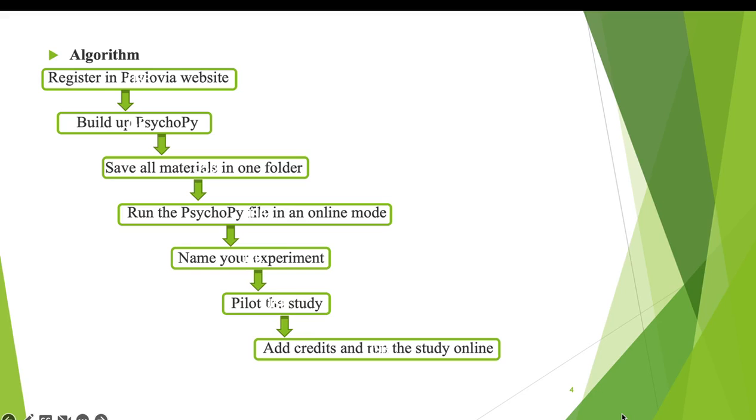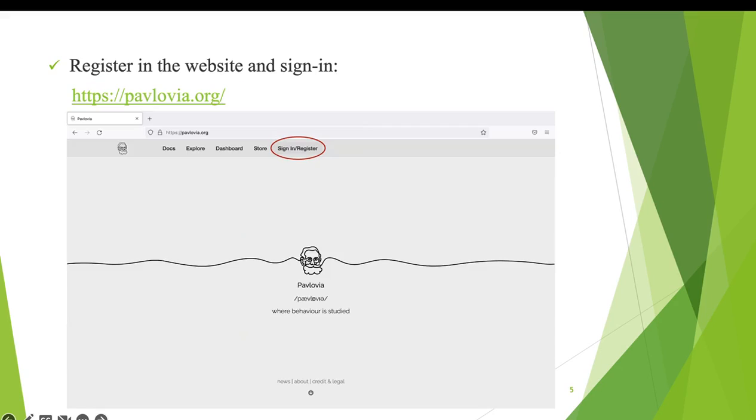And then you give your experiment a title, you pilot the study just to make sure that there is not a problem, and then you buy and add credits to your account and change the status of your study into running mode. You copy the URL link and send it to your participants, and they can simply click on the link and do the study, and the results will be automatically saved on your account, which you can later download.